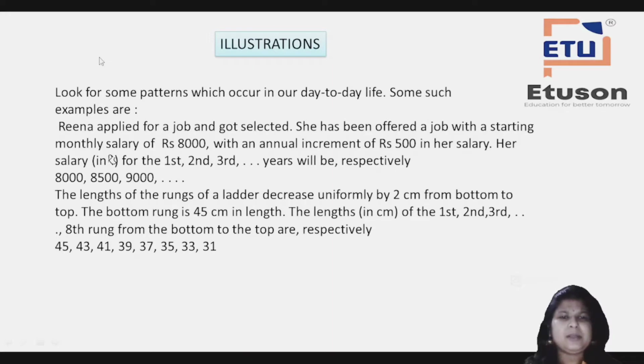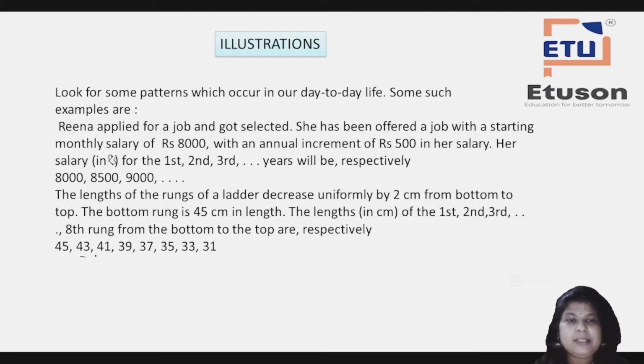Now let us take one more example. The length of the rungs of a ladder decreases uniformly by 2 cm from bottom to top. The bottom rung is 45 cm in length. Then the length of the first, second, third up to eighth rung from the bottom to the top are respectively how much it will be? Initially, if you have started with 45 cm, that is the bottom rung, the immediate next one will be 45 minus 2, that is 43 centimeter, correct?